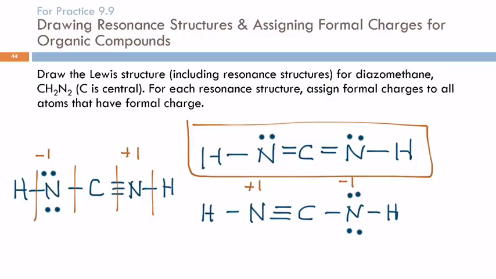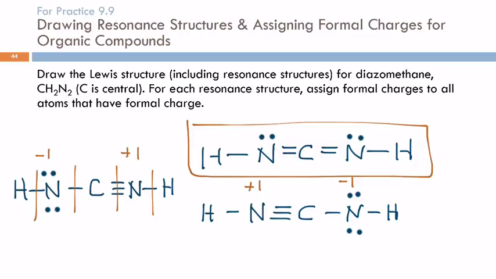And so you do have to draw them and assign the formal charges, and that's essentially showing your work. There could be a multiple choice exam question that asks you which is the correct Lewis structure based on formal charges. And if you can look at them and do it in your head, that's fine, and you can just pick the correct one. So if it says draw them out, then you have to. If it doesn't, no, you don't.